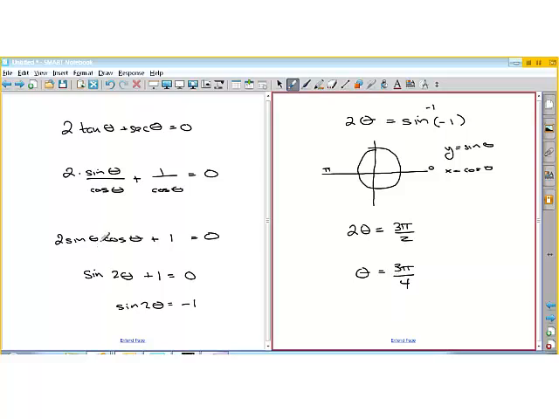So let's try that. 2 times sine, I have to make sure I'm in radians, which I wasn't. 2 times the sine of 3 times pi divided by 4 times the cosine of 3 times pi divided by 4. And I get -1, and you add 1 to that, and you get 0.